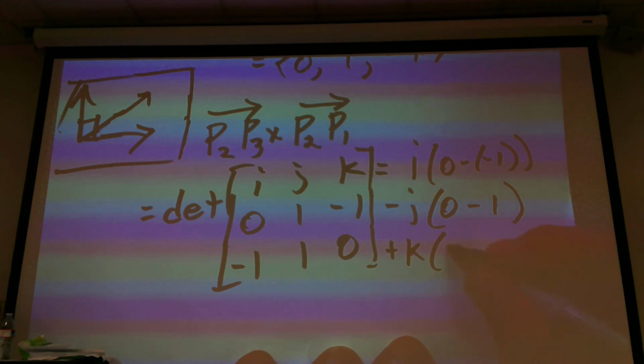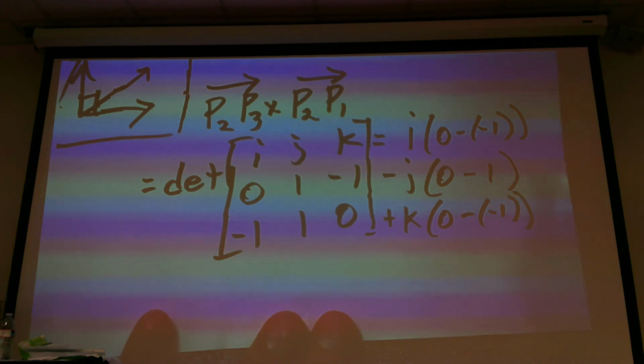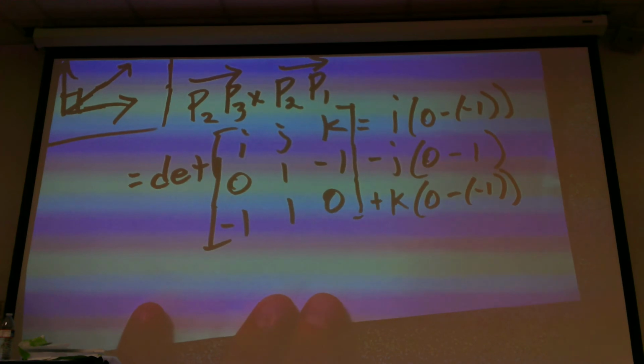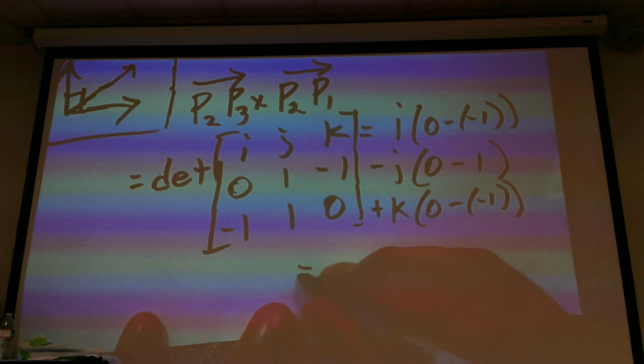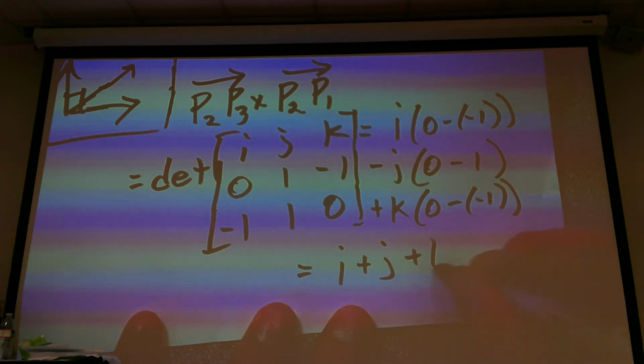So that would be 0 minus -1, which is just 1. So that would equal I, and then -1 times -1 plus j, and 0 minus -1 is also going to be positive, so that's going to be plus k.